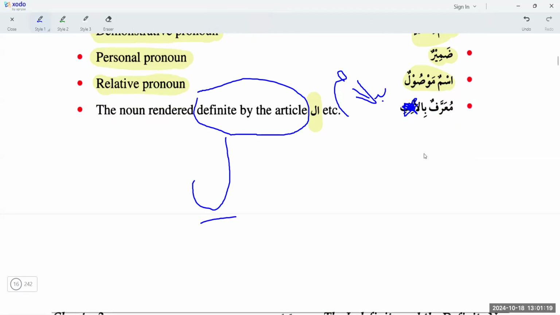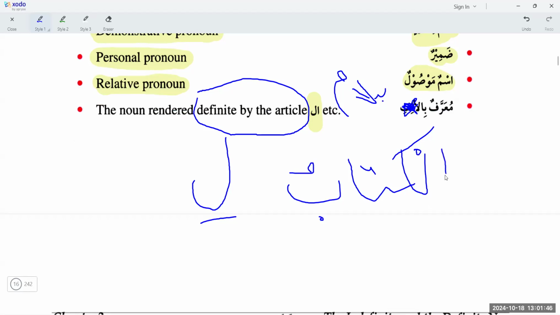Like kitabun. We put here a lam sukun. This lam is the definite article and this lam is sukun. We cannot pronounce this lam because it is a sukun.